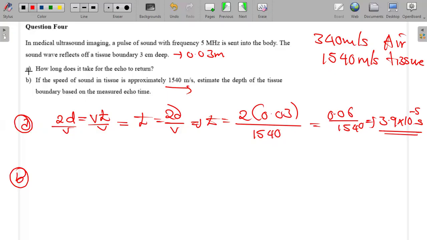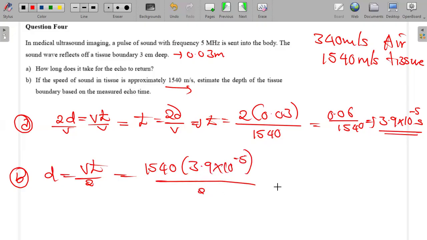It's reversing the previous calculation. We're now trying to calculate the distance. And remember, we said distance is equal to velocity multiplied by time divided by 2, like this. This is the formula that we're using. Now, we've already calculated the time here. So we're going to say velocity, which is 1540, multiplied by time, which is 3.9 times 10 to the power minus 5, divided by 2.